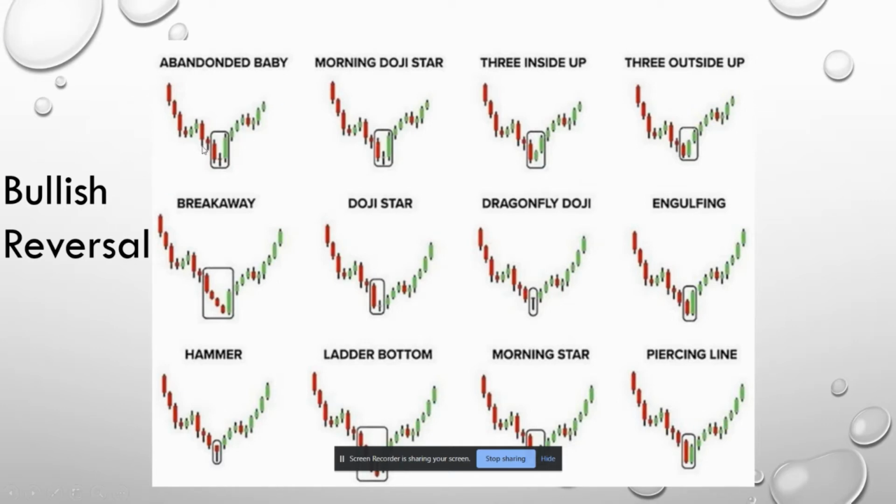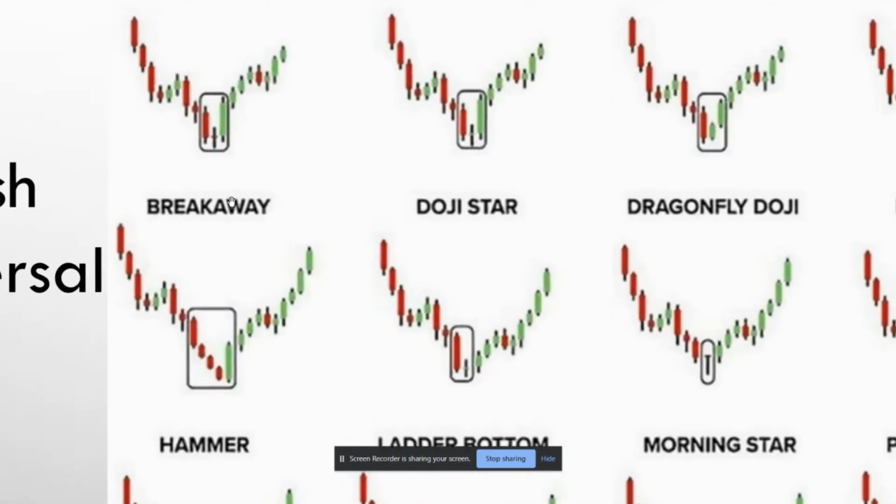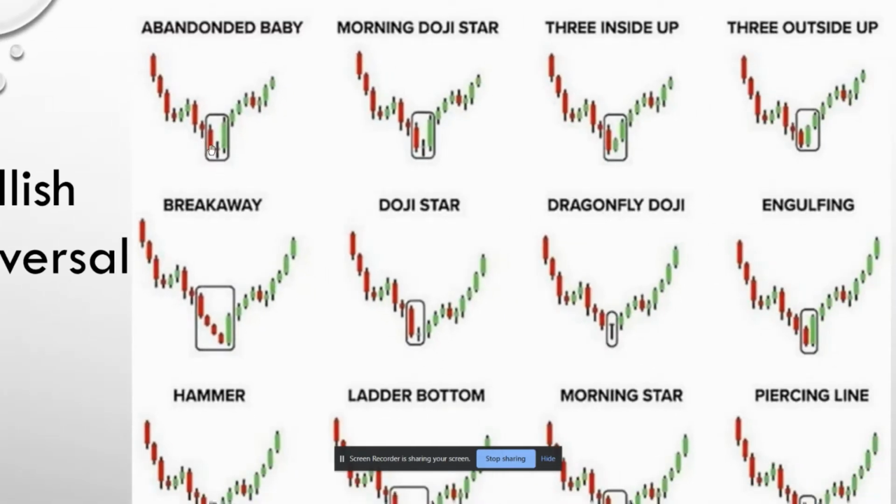If you look here, this is called the abandoned baby. When you see this, a bearish candle is formed, and then a doji is formed here, and the next candle opens bullish, engulfs this doji, closes above the doji and engulfs the previous bearish candle. Once you see this, it is confirmed.